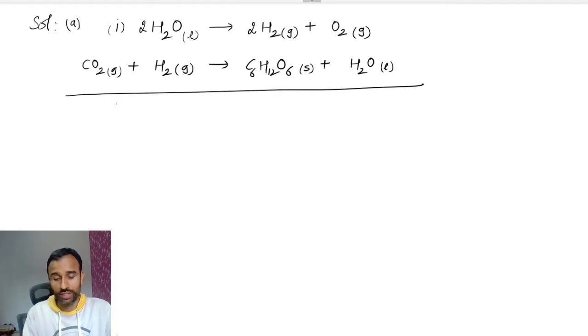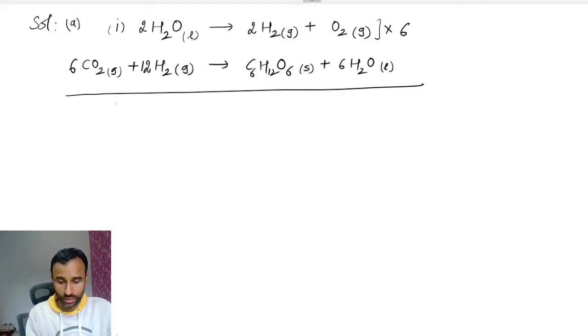Now just balance it. 6 carbon, so 6 CO2, 12 hydrogen, and 12 oxygen. So 6H2O, and it is 24, so 12H2. To balance it, it is multiplied by 6.